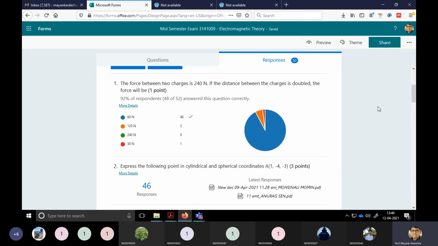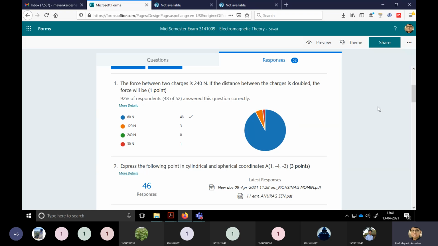So in this case, if you see the generalized equation of Coulomb's law, F is equal to Q1 Q2 divided by 4 pi epsilon 0 R square. So somehow you should know the relation between the force as well as the distance. You can consider the force is inversely proportional to 1 upon R square.